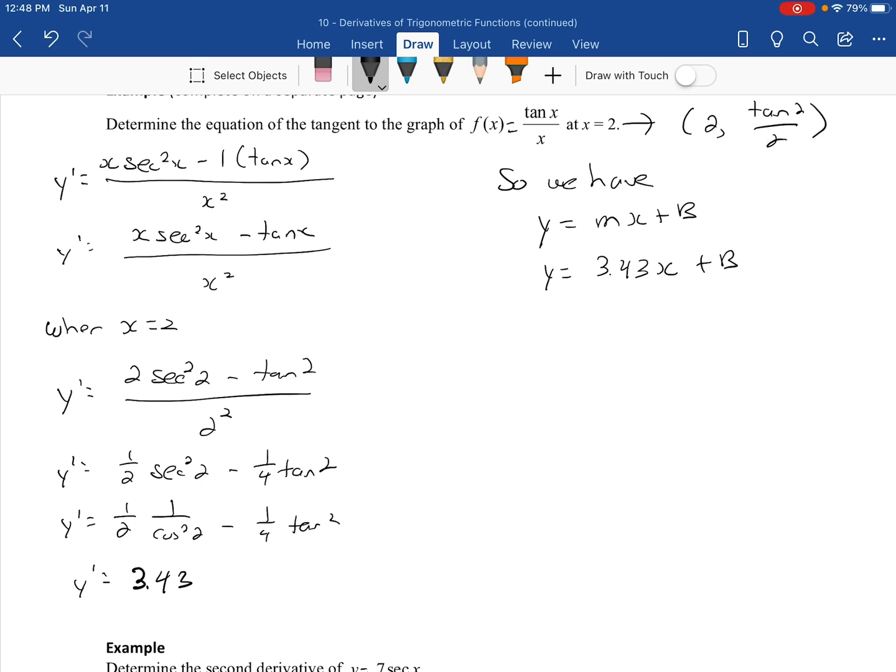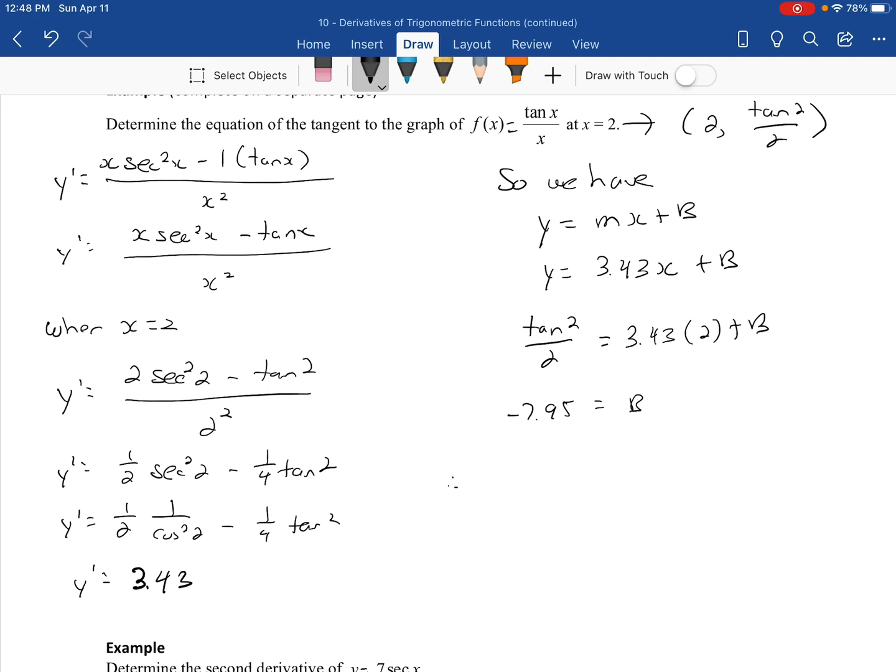So the y value is tan 2 over 2 equals 3.43 times 2 plus b. When I take tan 2 over 2 and subtract 2 times 3.43, solving for b, I get negative 7.95, again to 2 decimal places.